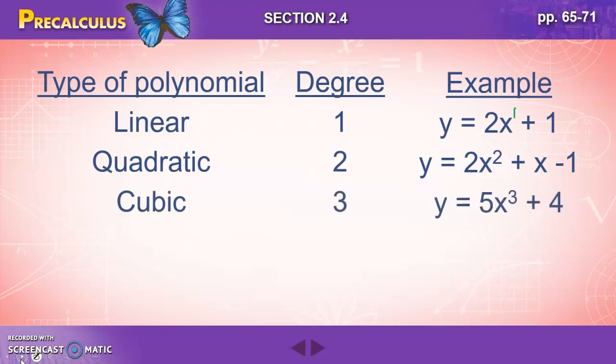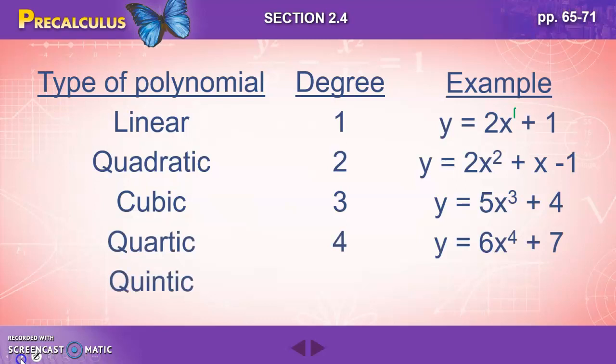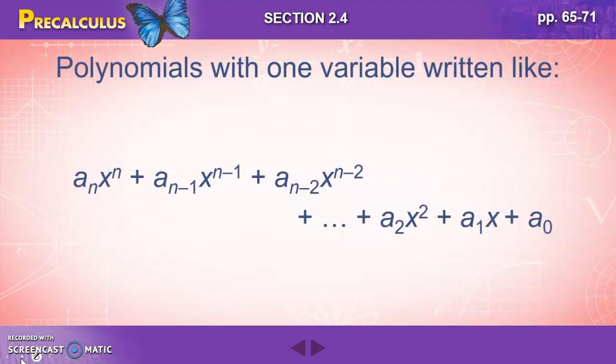Cubic, the degree is 3. Quartic, the degree is 4. And in quintic, the degree is 5. When you have multiple x terms, to determine the degree of the whole polynomial, you look only at the term that has the highest exponent, in this case, the 5.